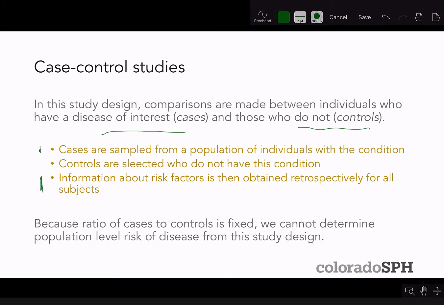Information about the risk factors is then obtained for all the subjects. Because we sample on the ratio of cases to controls, which is a fixed number, we cannot use this study design to determine the population level of risk of disease.